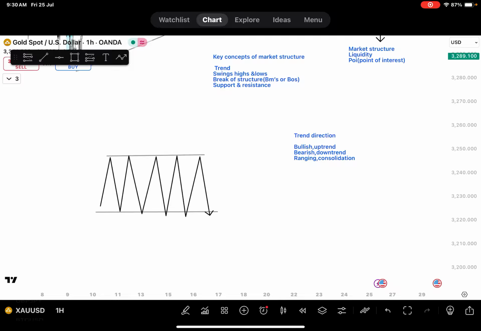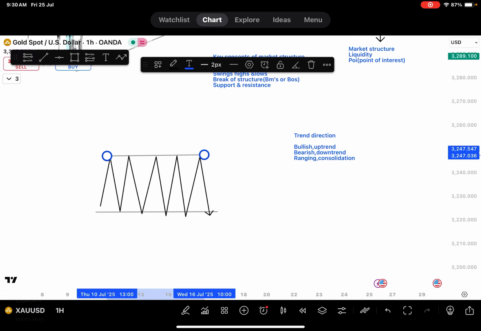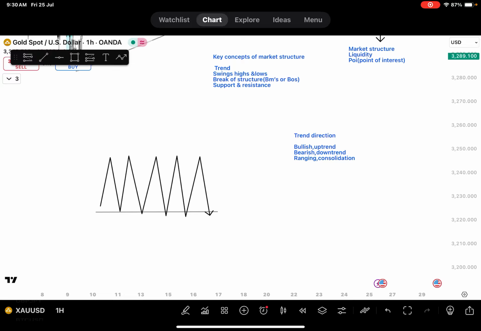So the up part of this ranging market is called the higher highs, and the down part of it is called the lower lows. You understand? So that is it for the ranging market.